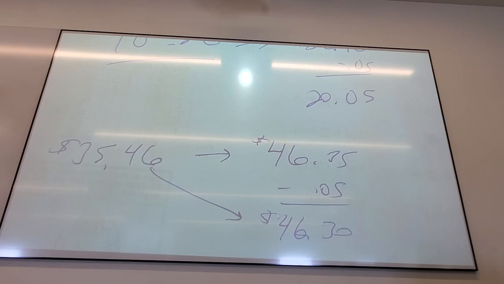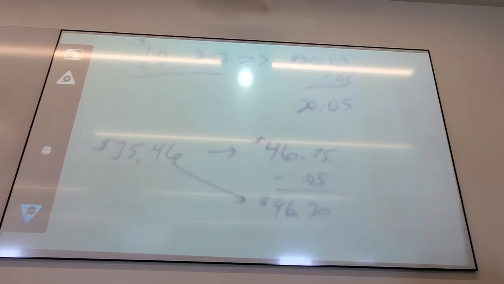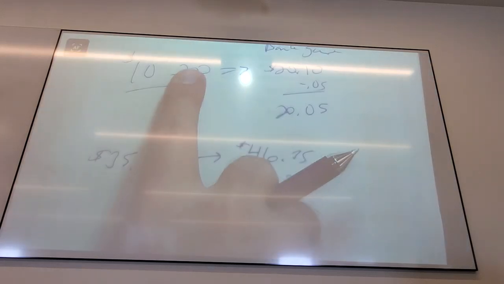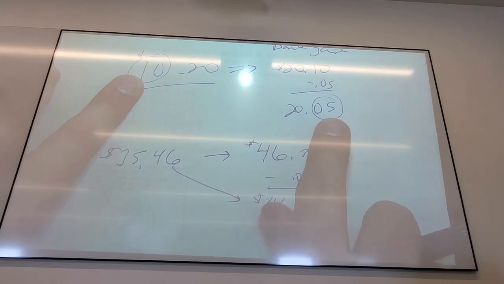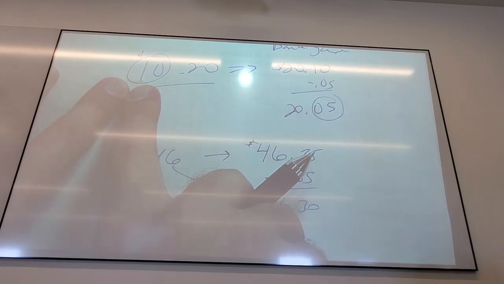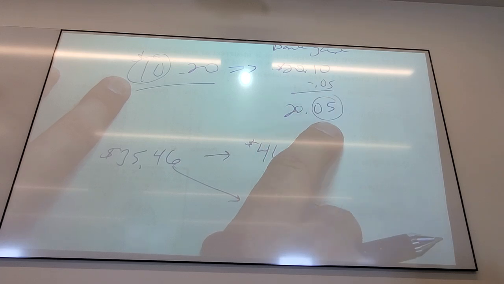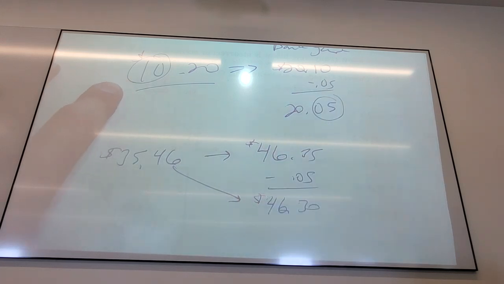Now, let me give you one little hint as to how to do this a little less guess and checky. Whatever this is going to end up being, it's going to be 5 less than it, yes? Because that is going to become the cents amount, and then he's going to lose 5 cents when he gets the newspaper.